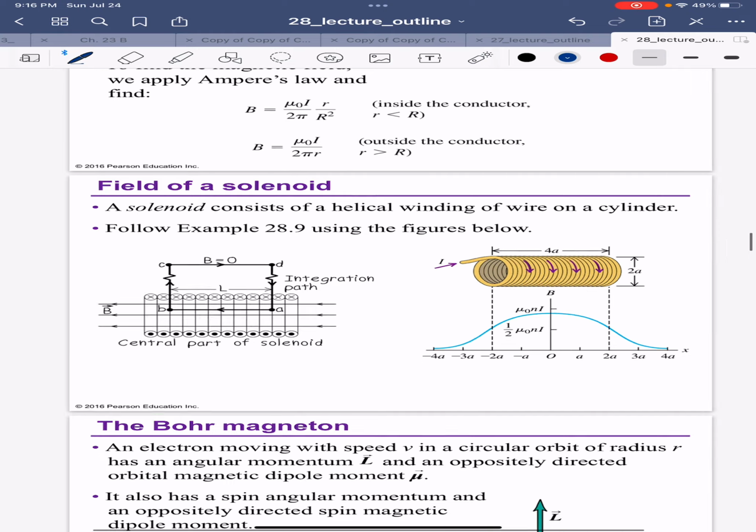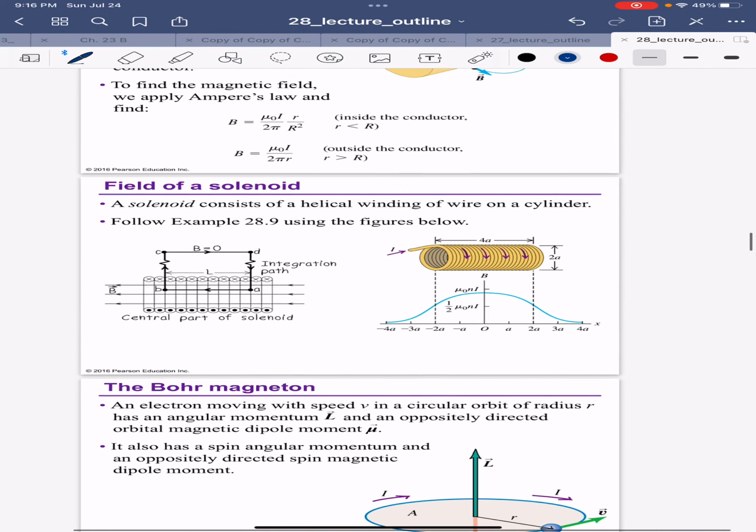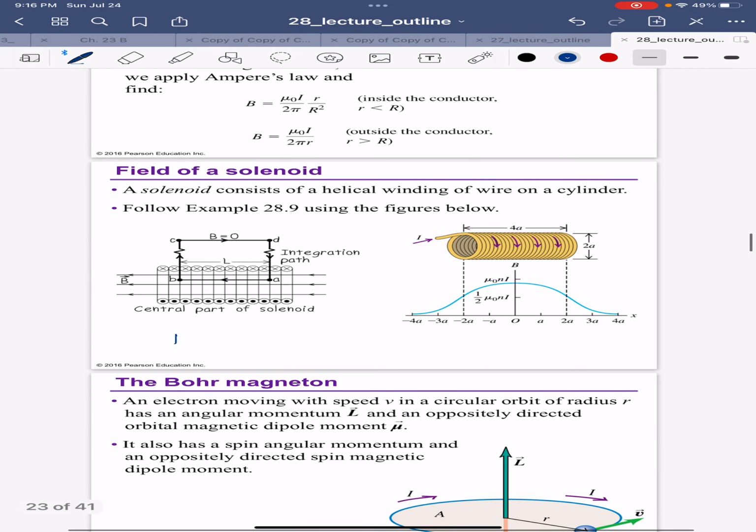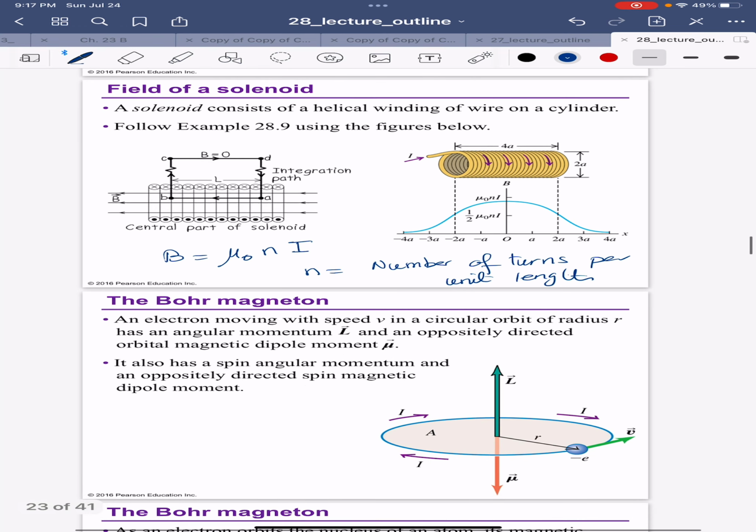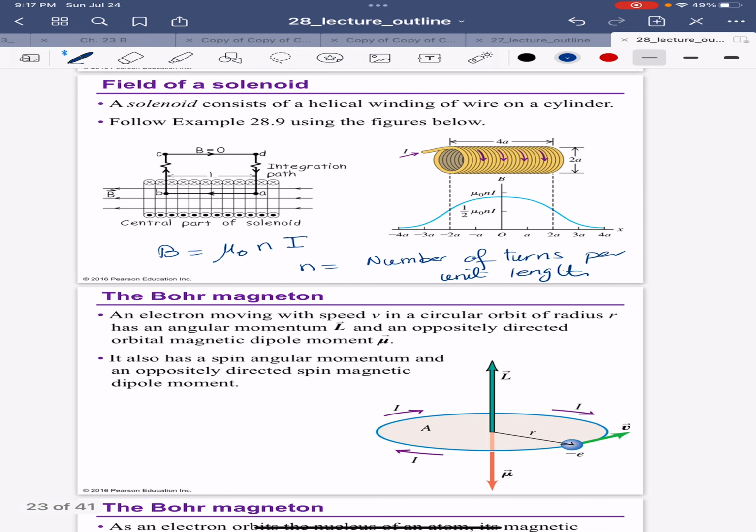The magnetic field of a solenoid is going to be B equals mu 0 n I, where n is the number of turns per unit length, and the magnetic field inside a solenoid is uniform.